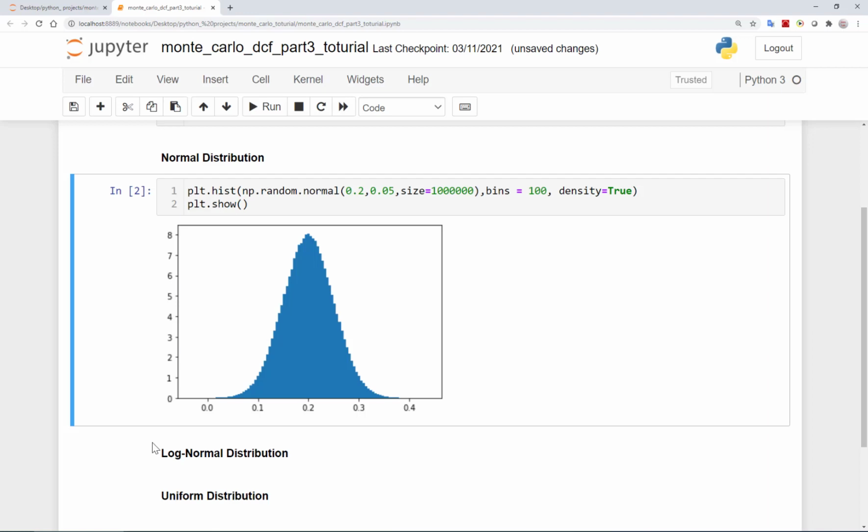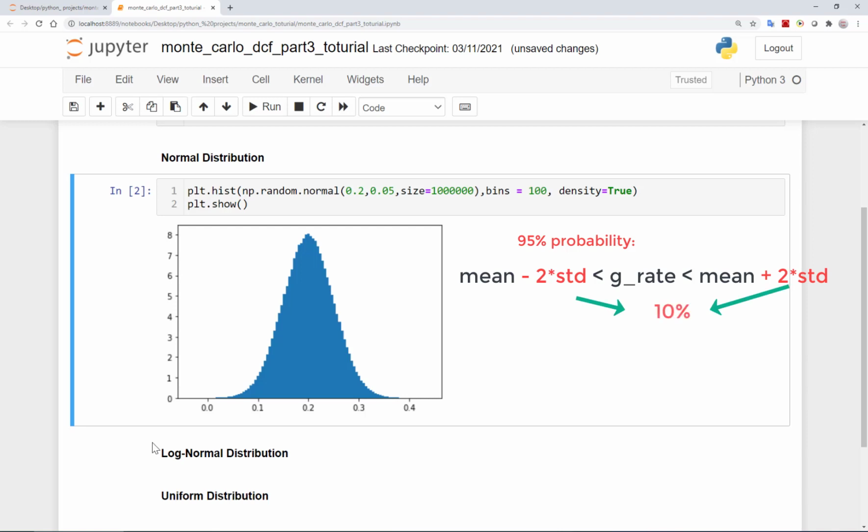You may be wondering, how did I come up with a 5% standard deviation that serves me well in this situation? The answer lies in the characteristics of a normal distribution, which is super important to know. In a normal distribution, with a probability of 95%, the numbers would be within 2 standard deviations on each side of the mean. So to apply it in this example, since the standard deviation is 5%, 2 times 5% is 10%.